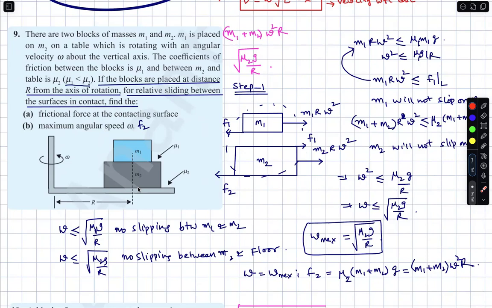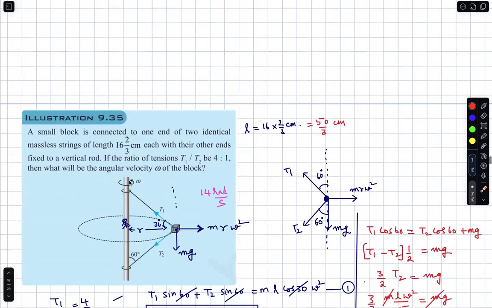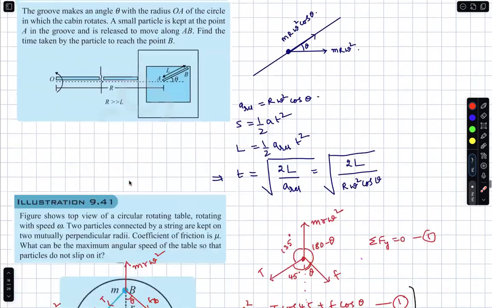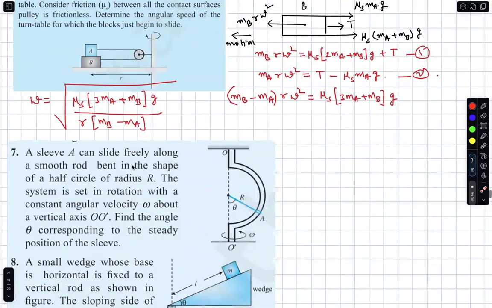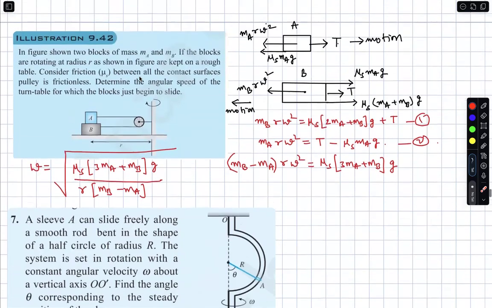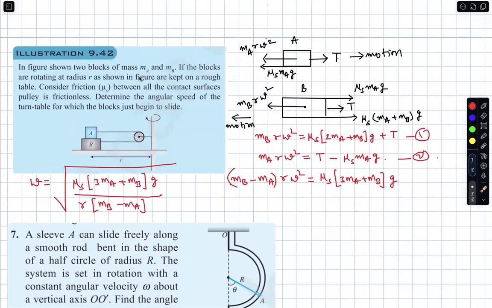Whereas in this question, you don't have such a scope. Why? They were connected through a pulley. If B moves leftwards, A moves rightwards. If A moves leftwards, B moves rightwards. Then how will you take both as one system? That is the reason why that case and this case are different, and that is why I have clearly drawn the free body diagram.